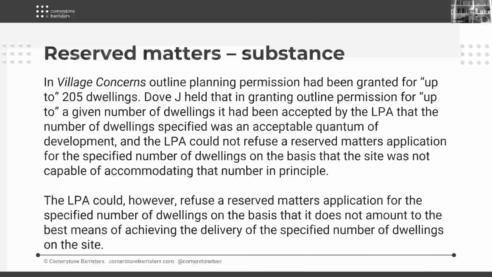And so a local planning authority can't refuse reserved matters approval in the hope of reducing the number of dwellings to be permitted. What it could do is say that if, for example, the layout for up to 205 dwellings was not acceptable because the layout wasn't the best that could be achieved for that number of dwellings, then it could refuse the application. But what it can't do is, under the guise of dealing with reserved matters, seek to cut down the quantum of development that can be built out by the developer.